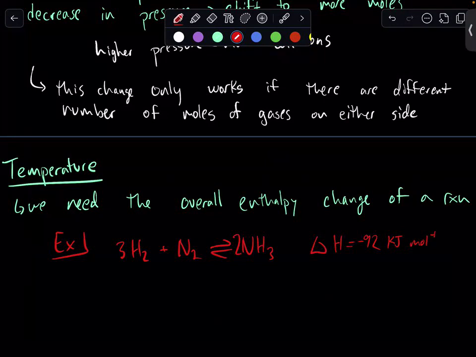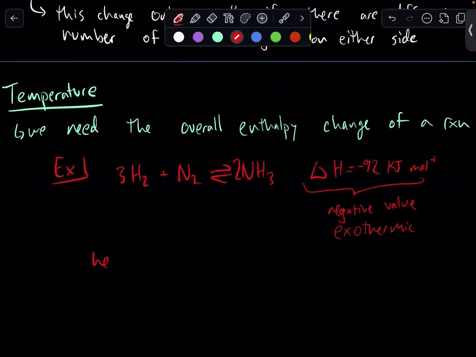So we notice here that this is a negative value. And when this is a negative value, we know that it is exothermic, meaning heat is coming out. We are producing heat. Heat is a product.